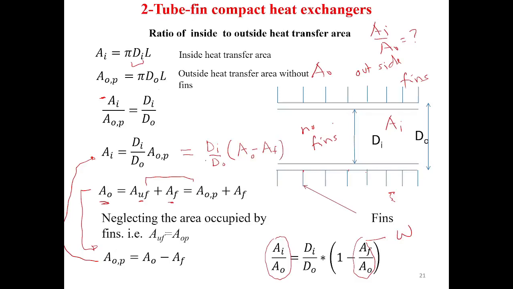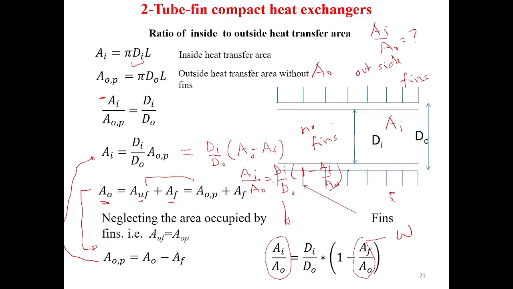Now if you divide this equation by A0, you get AI divided by A0 is going to be D inside divided by D outside, and then 1, because you are dividing both sides by A0, minus AF divided by A0, which is this equation.